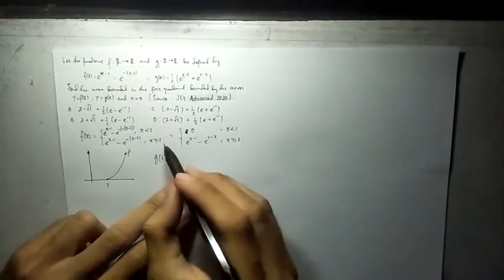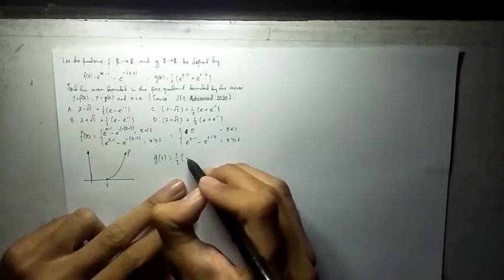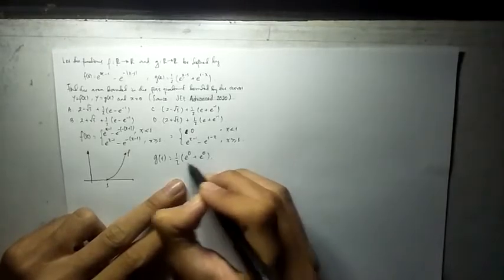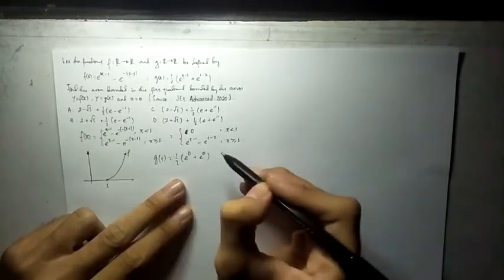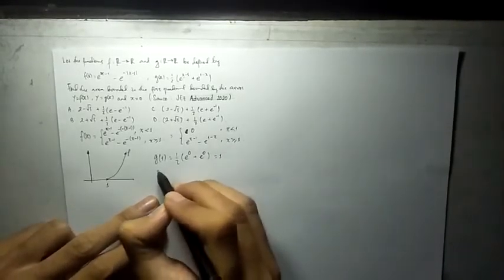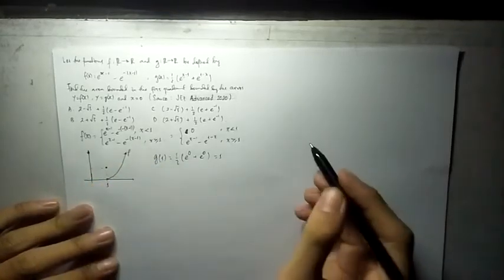Really it is 1/2 times e to the 0 plus e to the 0. So 1 plus 1 equals 2, over 2 equals 1. It's about right here. That's g of 1.